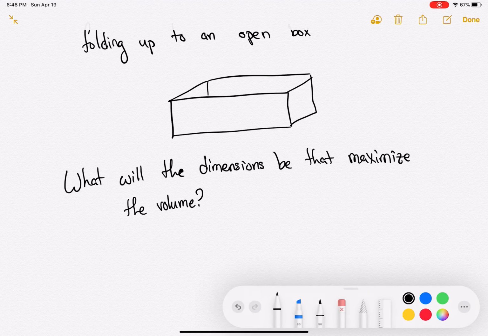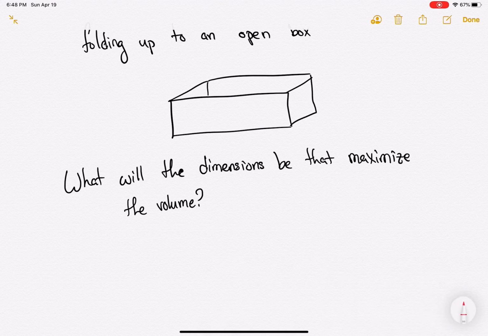And here we see the word maximize, and that should really tip you off to say this is an optimization problem.